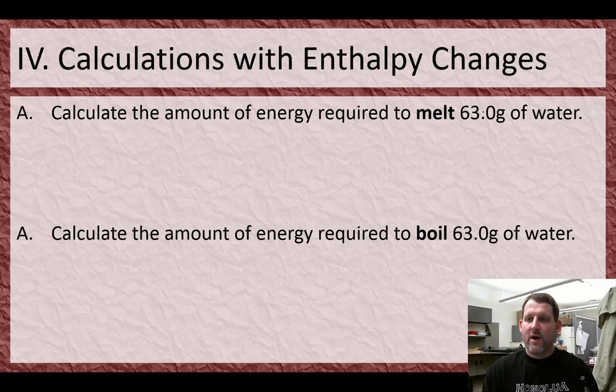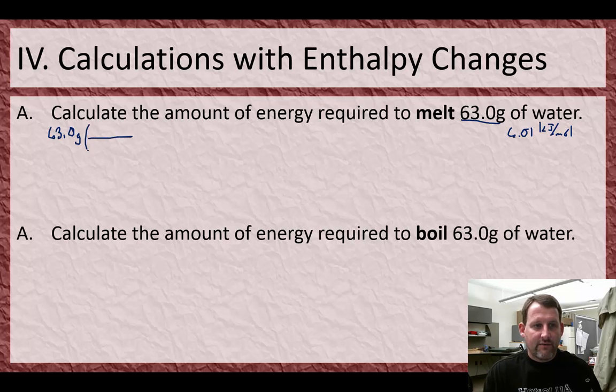All right. So the first thing to do, of course, we know that water has an enthalpy of fusion of 6.01 kilojoules per mole. What that means is we need to convert these grams into moles. So over here I'm going to start with 63.0 grams, and I'm going to convert that to moles.